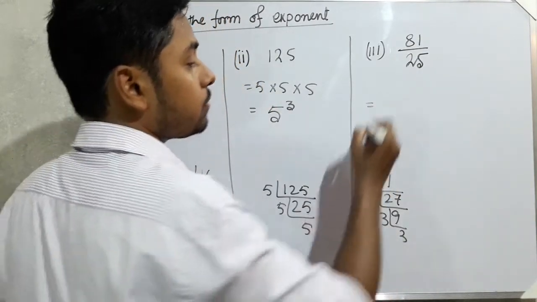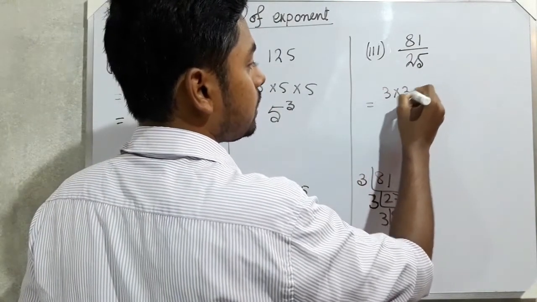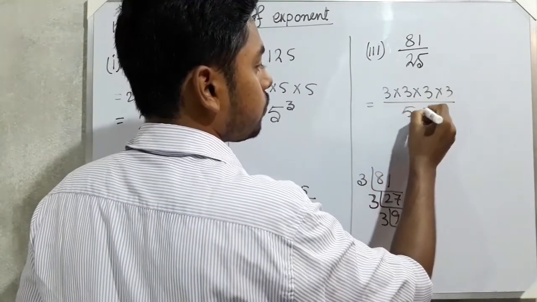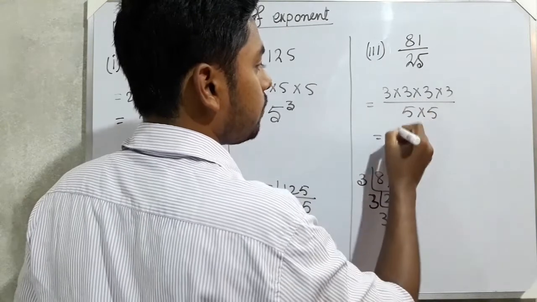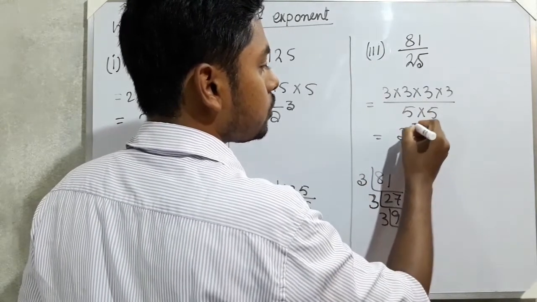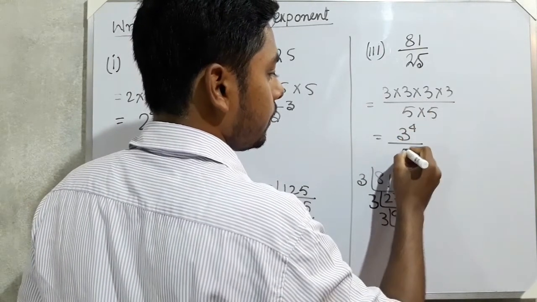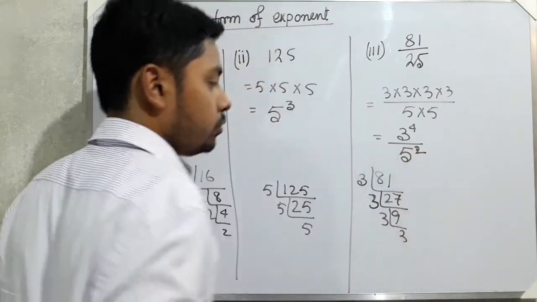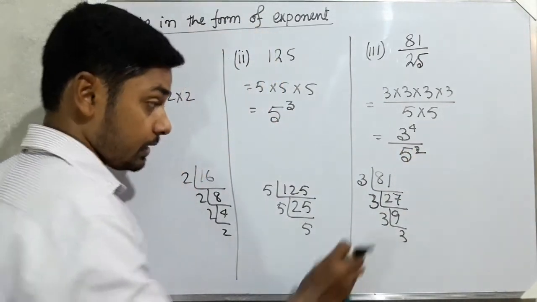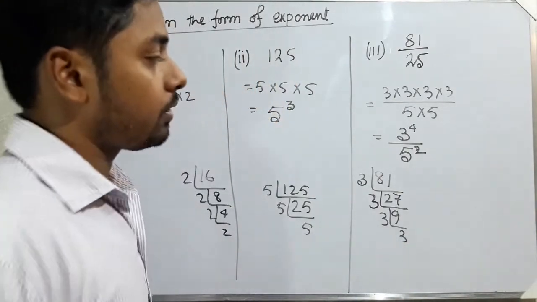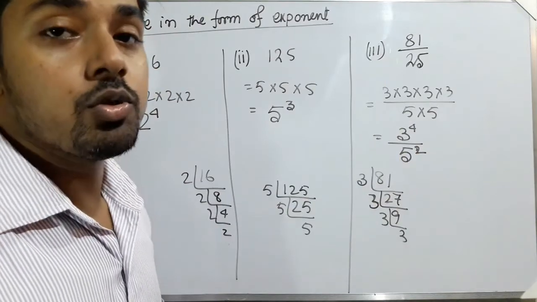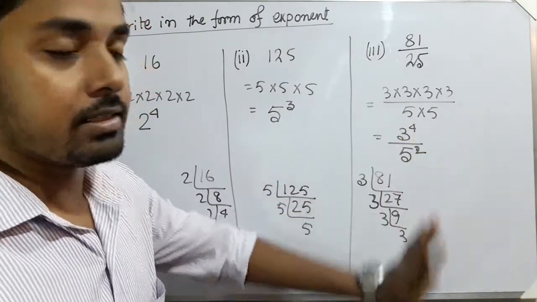So we can write 3 into 3 into 3 into 3. And 25 we can write as 5 into 5. So here we can write 3 to the power 4 by 5 to the power 2. Is that clear? 3 to the power 4 by 5 to the power 2. This is the correct answer.